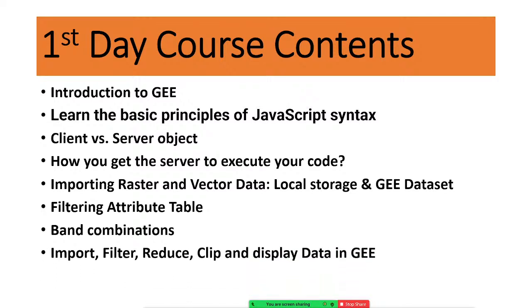And then we also try to show you how you can easily import, filter, reduce, clip and display the data, any data. It can be MODIS NDVI or MODIS NDWI or any data, how you can easily import, then filter, then reduce, then clip, and finally you display this data. Okay, so today I will try to complete all of this course content. So this is our first day course content.